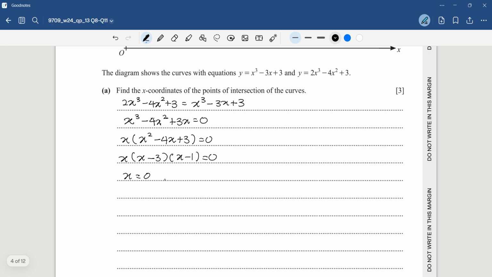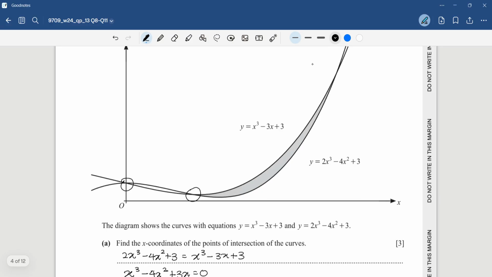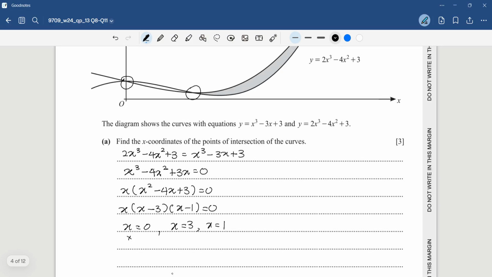Therefore, your x equal to 0, your x equal to 3, and your x equal to 1. There are 3 points. So you can see x equal to 0 is here, so we don't need this one. Find the x of this point of intersection. So this is x equal to 1, and here is x equal to 3. They only ask for the x coordinate. So that's it.